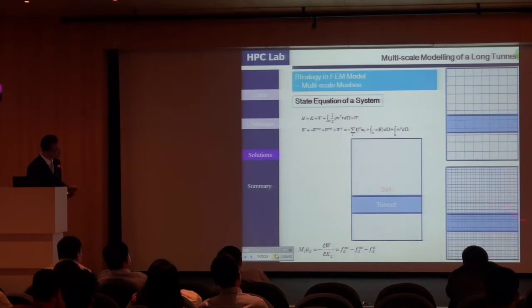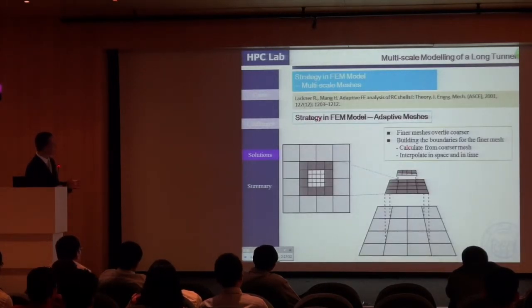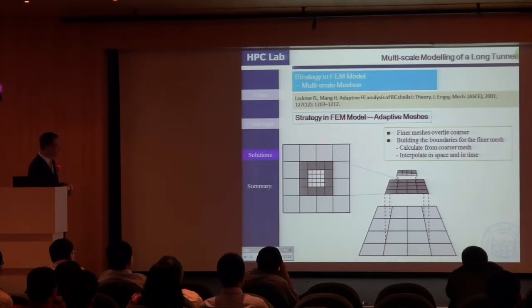If we make the fine mesh at the sealant scale, millimeter scale, that would be a huge number of elements and nodes. So it is difficult. Initially we also looked back at the method developed by Professor Lackner and Professor Mang about the adaptive mesh method. We think that it's workable.